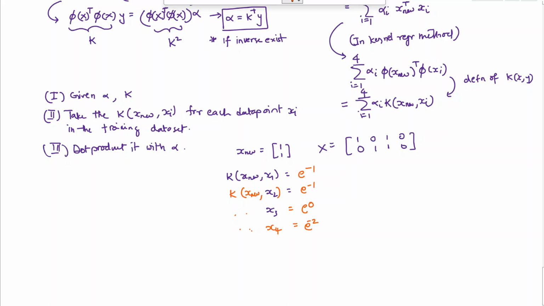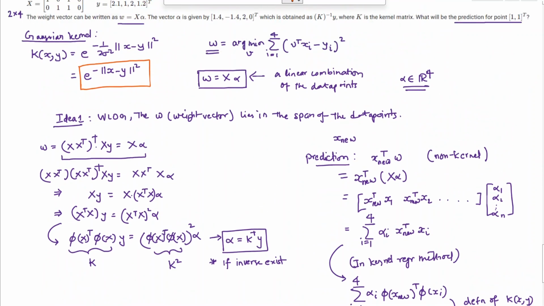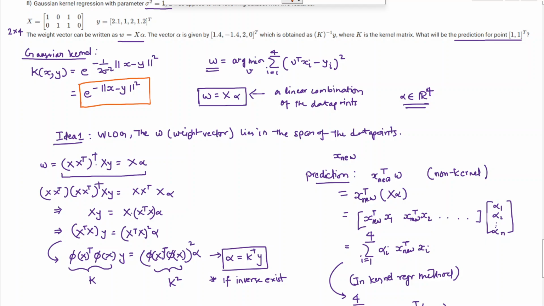Now we have taken the kernel for each of them. Now we have to take the dot product with alpha. And what is alpha? Alpha is given to be 1.4, minus 1.4, 2 and 0.